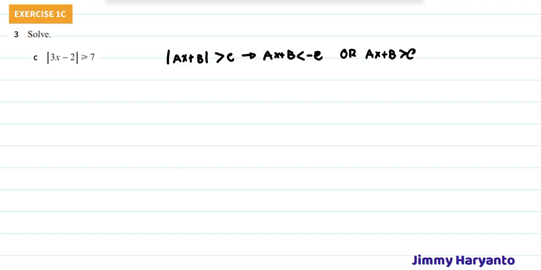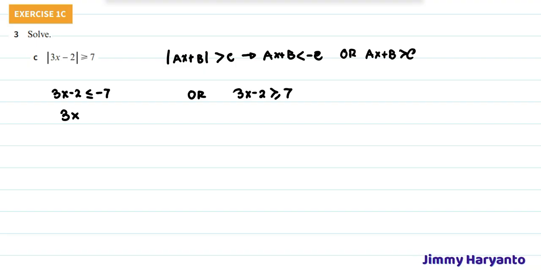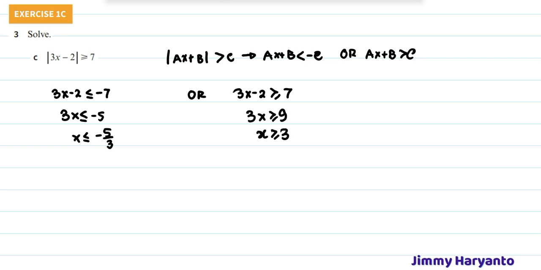Okay, so this one will be 3x minus 2 less than or equal to -7, or 3x minus 2 greater than or equal to 7. So this one will be -5x less than or equal to -5, divided by 3. This one is 3x greater than or equal to 9. So x greater than or equal to 9 divided by 3, 3. Both of them are the solution.